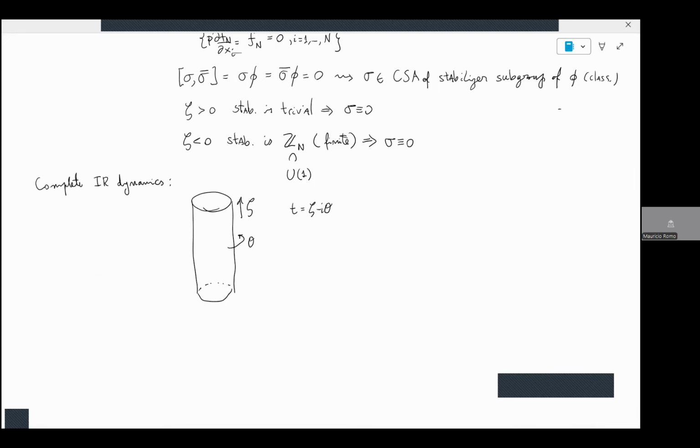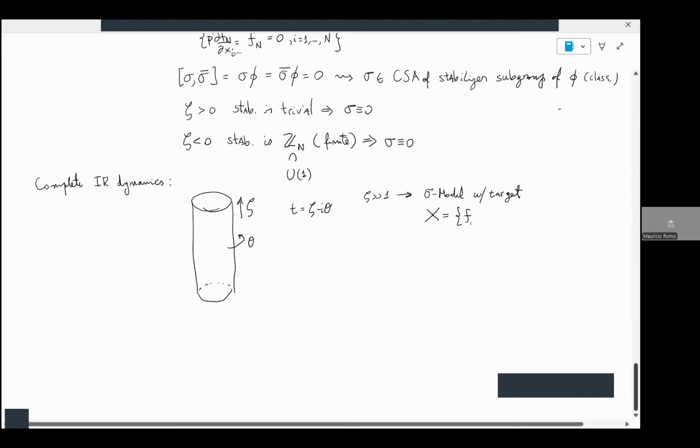Then in the region where theta is positive, the IR dynamics are described by a sigma model with a curved target space X, which is dF equal to 0 inside P^{n-1}.